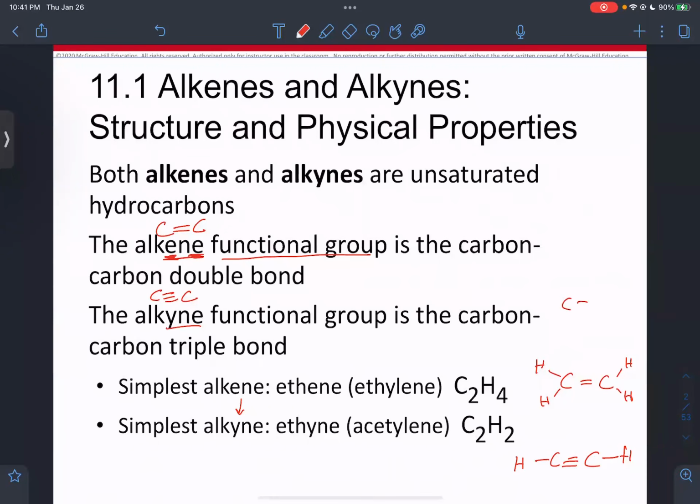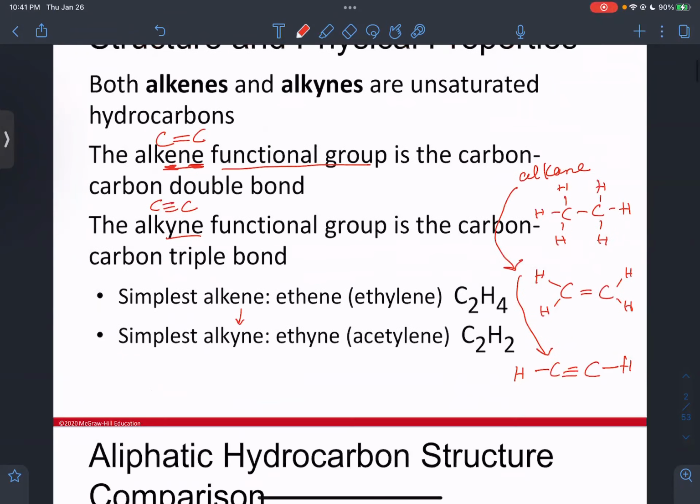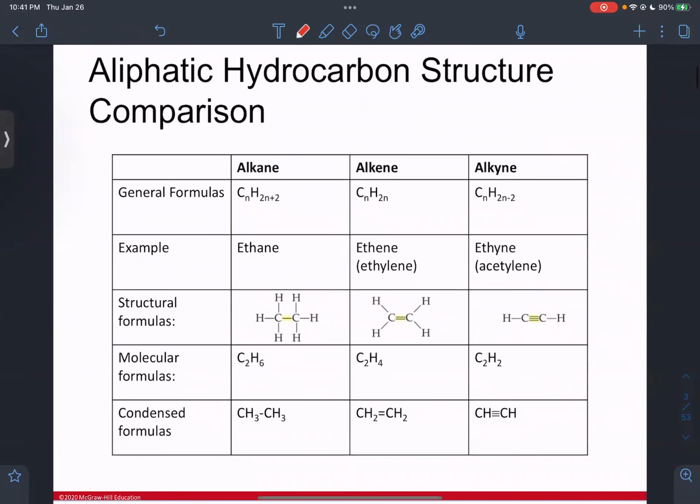So you notice, this was our alkane. Every time we go from an alkane to an alkene to an alkyne, you're losing one hydrogen off of each of the carbons and giving that carbon-carbon interaction another bond. All right, so let's compare some similar molecules.